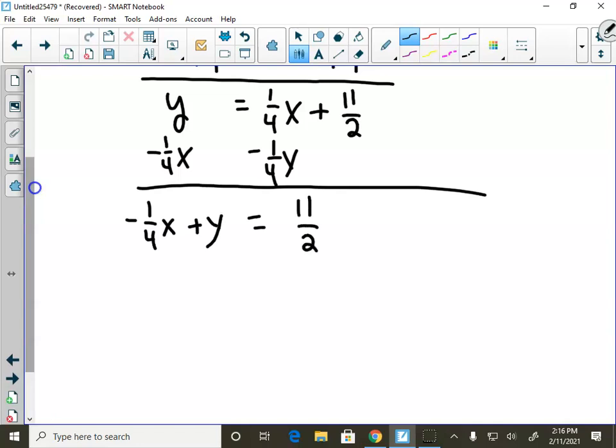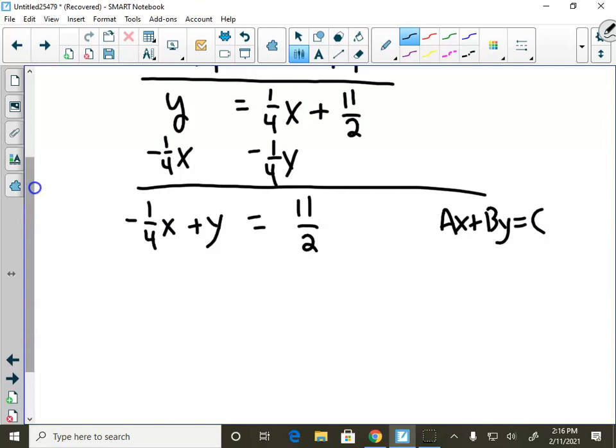Okay, and again, standard form needs to be ax plus by equals c. And, well, we have everything in the right place, but we have a couple problems here. One problem we have is we have a negative coefficient of x. And remember that leading coefficient has to be positive. So we got to fix that.